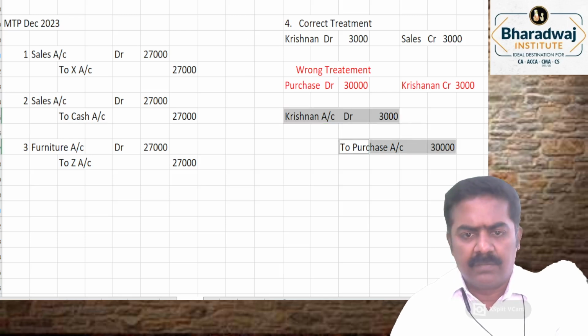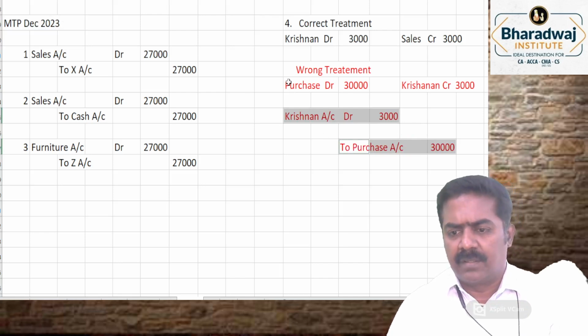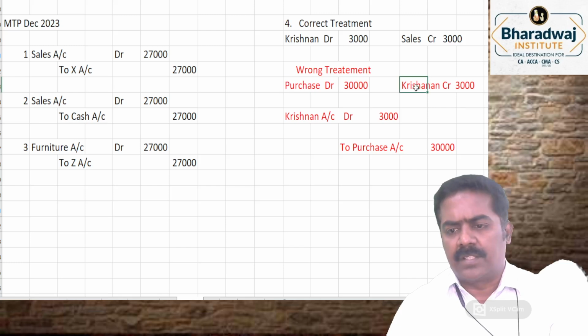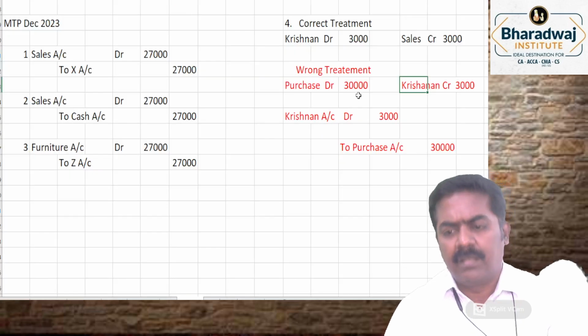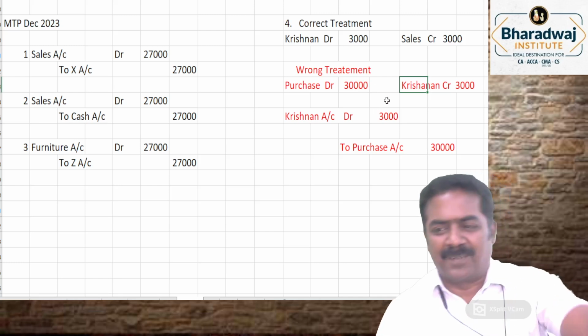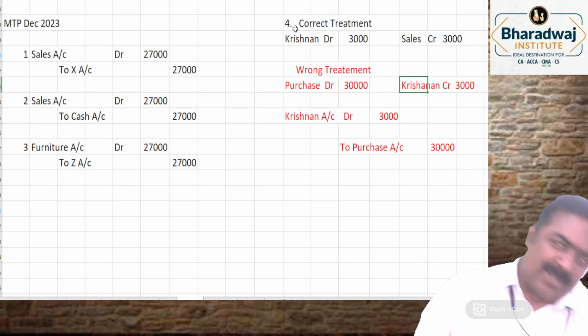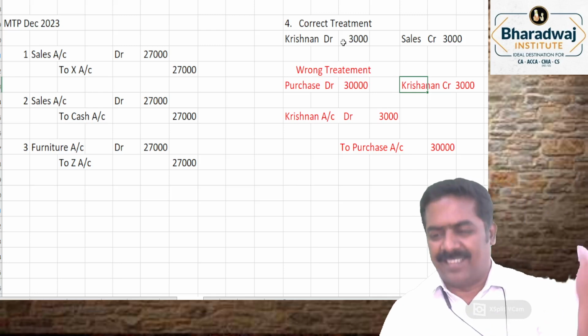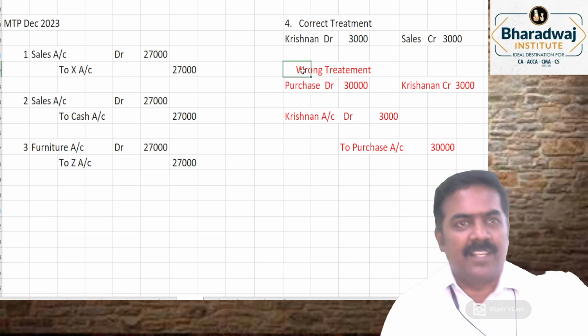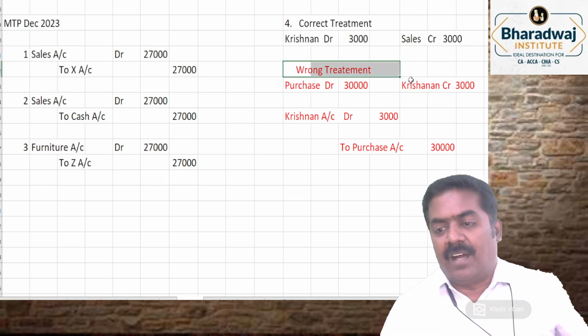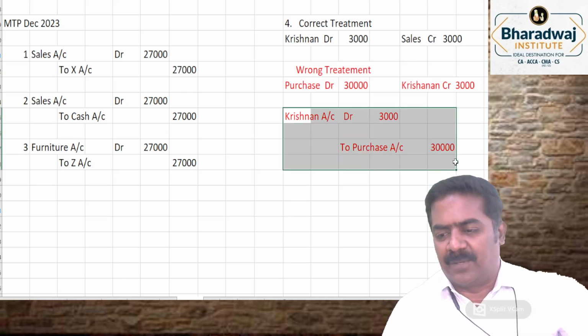Okay. Wait, not over. It's a credit sales. Okay, கிருஷ்ணன் விட்டுருங்க. Coming back. Listen, pay attention. Wrong treatment remove பண்றதுக்கு பண்ணிருக்கோம் இங்க.